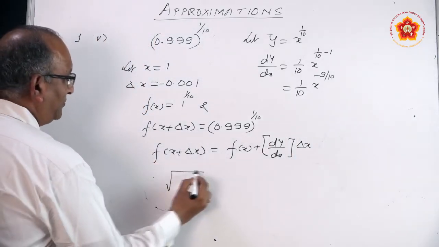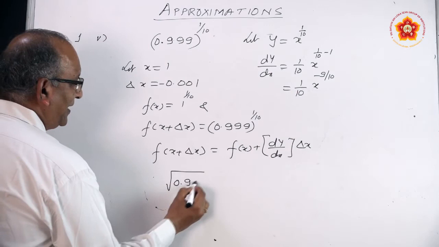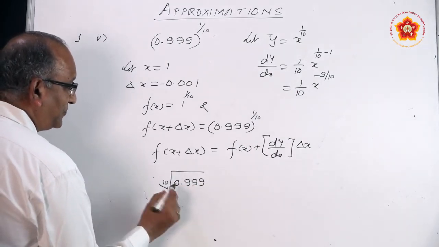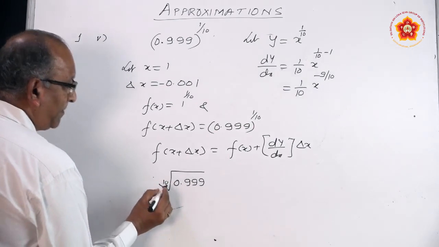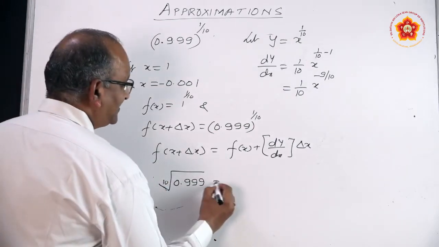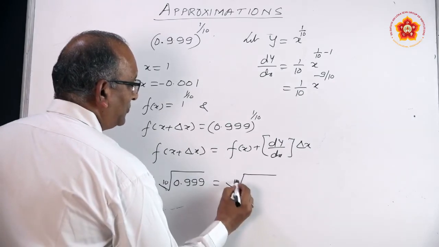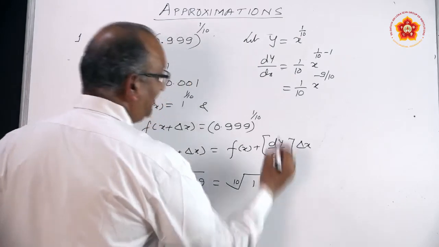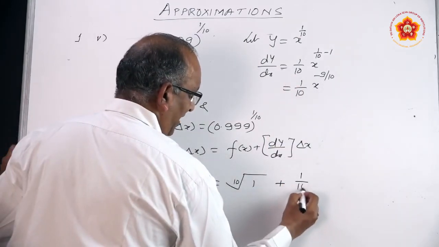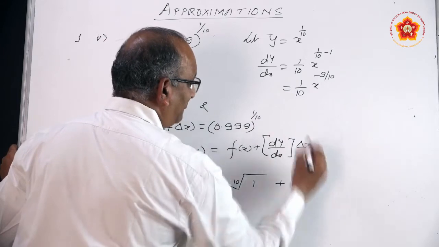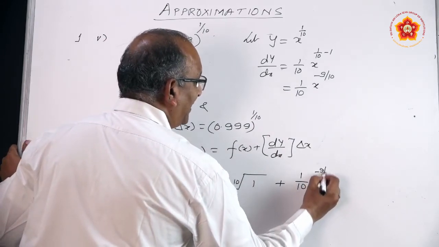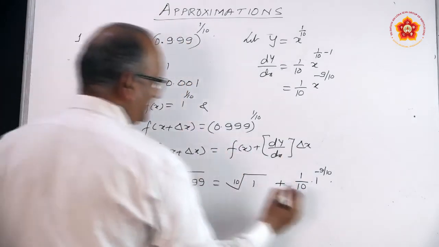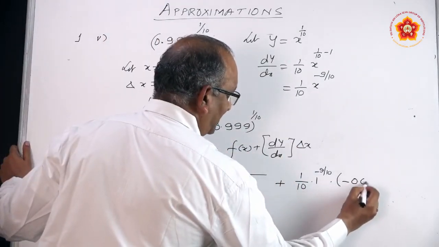This is 10th root of 0.999 is equal to 10th root of 1, because x is 1, plus dy by dx we have found out, but we have to substitute the value. Value of x is 1 to the power 9 by 10 into delta x. Delta x is minus 0.001.